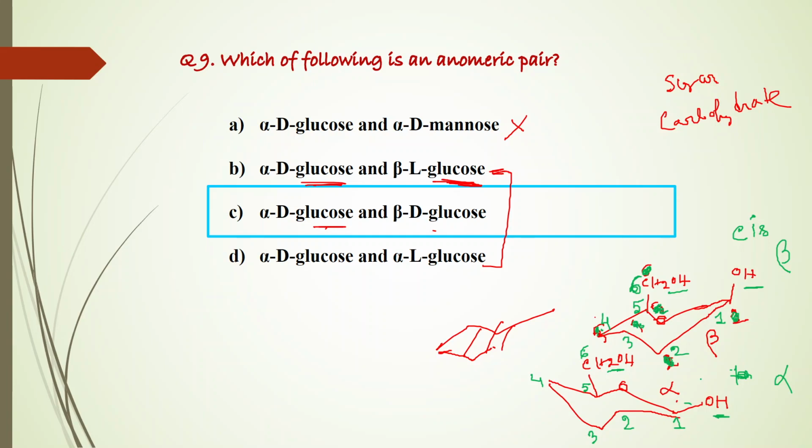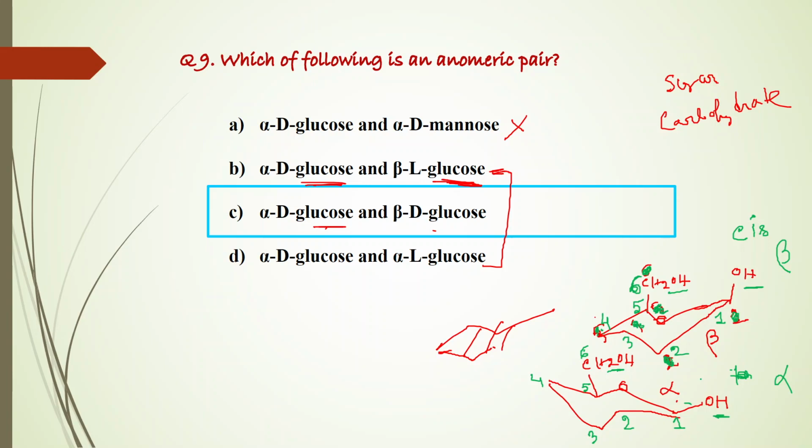You have to be very careful about that, because in case of D and L, it originates just as we have discussed: you put the aldehyde or the keto group at the top and you find out the furthermost chiral carbon atom, and then find out whether the OH group is on the left hand side or on the right hand side, and depending on that you mark them as D or L. But in case of alpha and beta, you have to look at the CH2OH group and the OH group and where they are pointing.